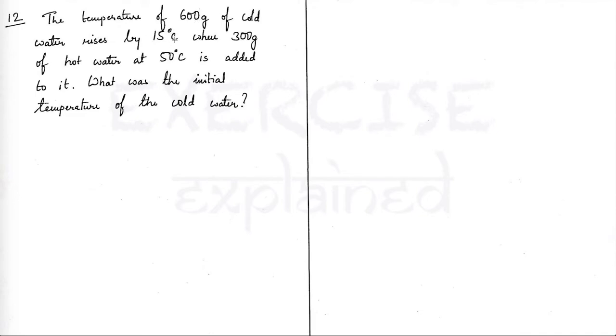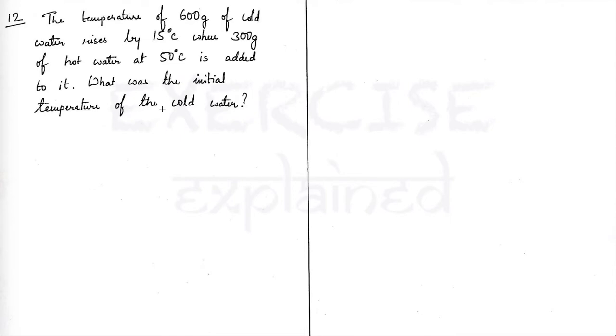We will speak about this 15 degrees Celsius in a while. When 300 gram of hot water, so mass of hot water is given as 300 grams, at 50 degrees is added to it. So temperature of hot water is given as 50 degrees.